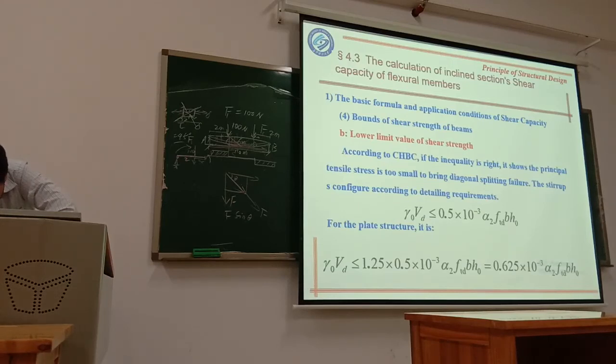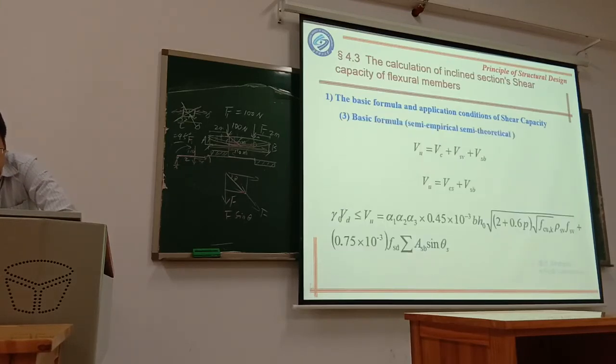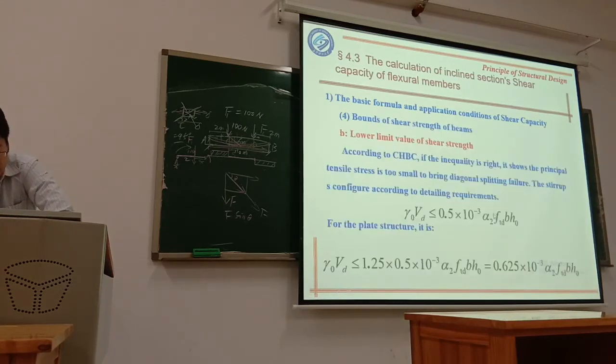In this equation, FTE is the design value of the concrete tensile strength, and alpha 2 equals 1.0 for reinforced concrete, the same alpha 2 as in this equation. For pre-stress it is 1.25. Here alpha 2 is 1.0 for reinforced concrete. For the plate structure, there is a similar equation like this.